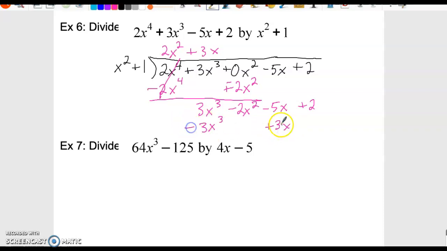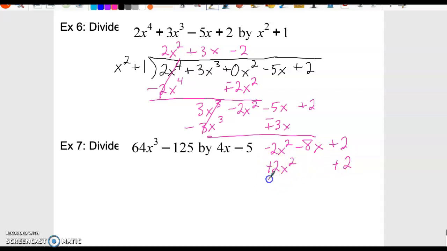But as I subtract off, this cancels. Definitely running into the next problem. And then minus 2. So as I distribute, minus 2x squared, that becomes a minus 2.